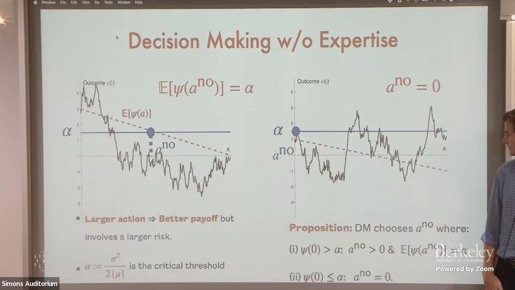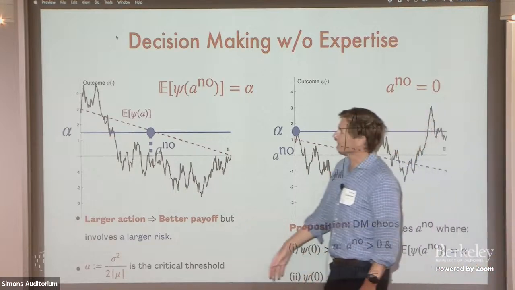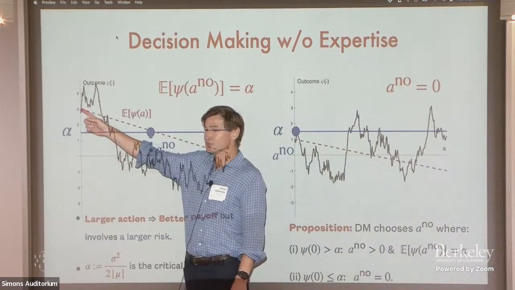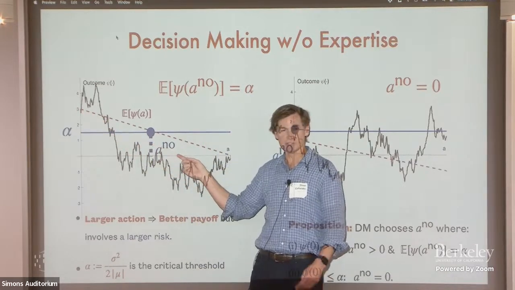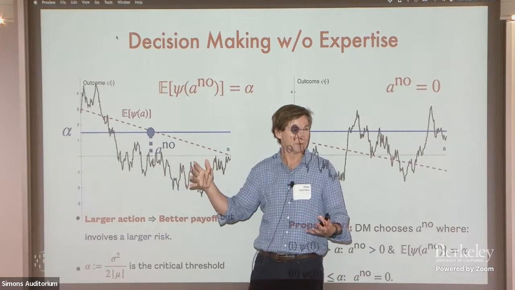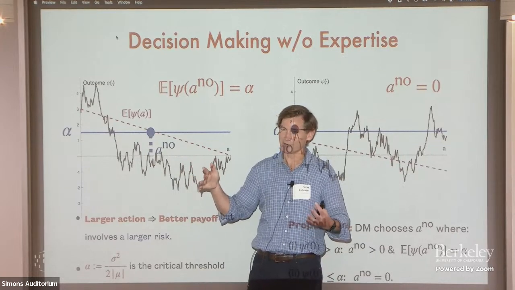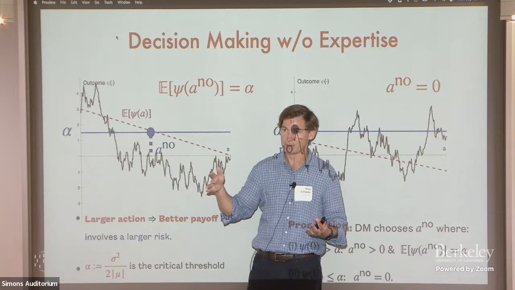So this slide is a little busy, but what I want to convey is, suppose there's no expert. We talked before about, if this is the known point, as you move to the right, you're getting a better outcome in expectation, but you're adding noise, adding variance. So you trade off, classic economics, risk and return.